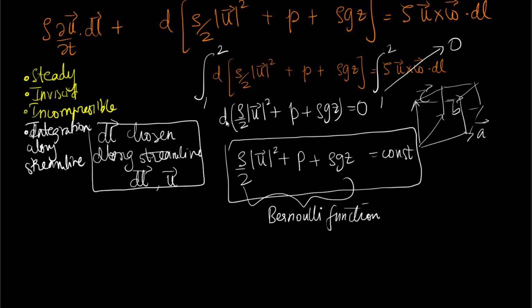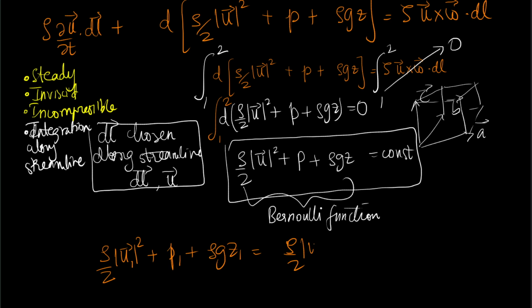So when we integrate it from 1 to 2, we have rho upon 2 mod u1 square plus p1 plus rho gz1 is equal to rho upon 2 mod u2 square plus p2 plus rho gz2. Remember that in order to obtain this with a general form of vorticity, we have not yet looked at a specific constraint on the vorticity, but if we integrate it along a streamline, we obtain the Bernoulli equation.